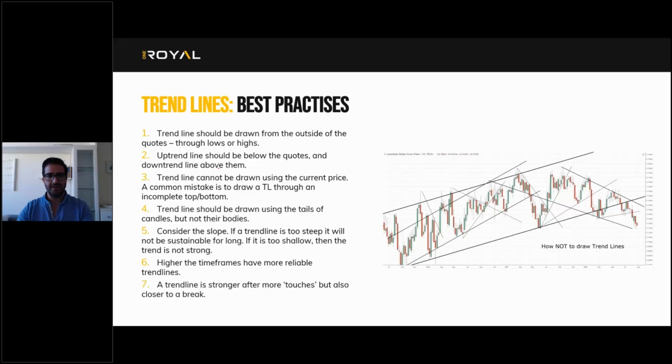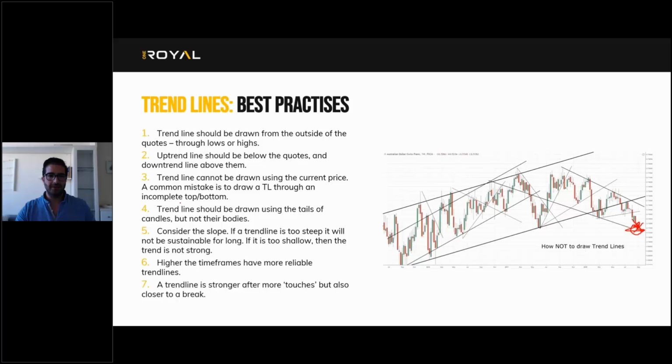A trend line cannot be drawn using the current market price. The current market price is not used to draw a trend line. You will use the historical lows or the previous lows and highs. Don't use the current market price.